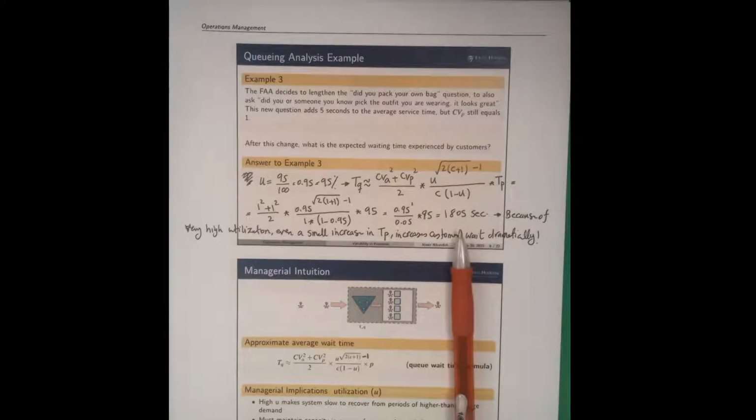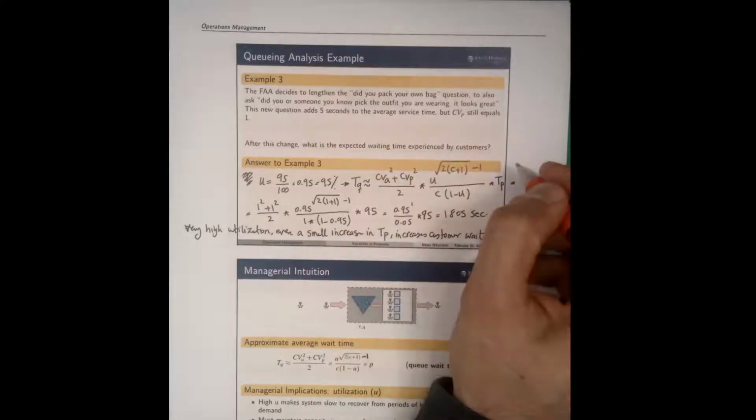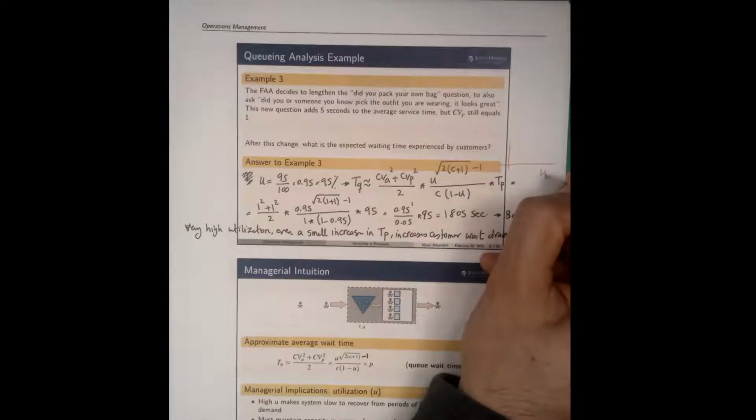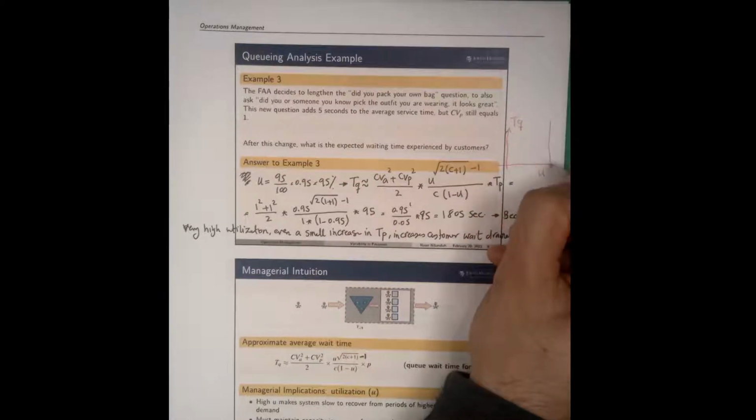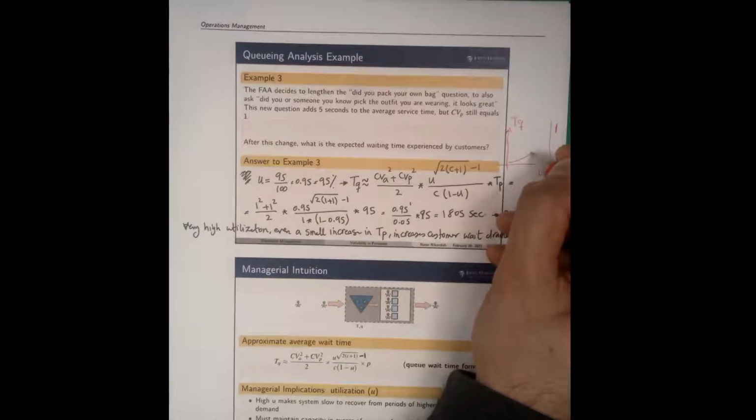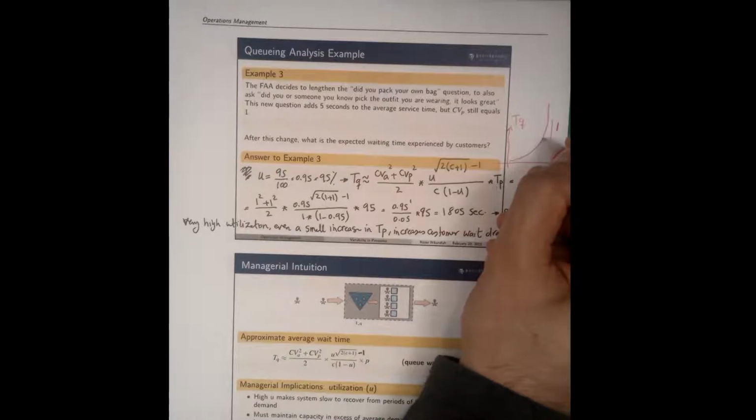Remember that relationship that we had. Let me plot it right here. Utilization versus TQ. If this is utilization of 1 or 100%, that relationship was something like this. If 90% is right here, increase to 95% is going to increase TQ dramatically.